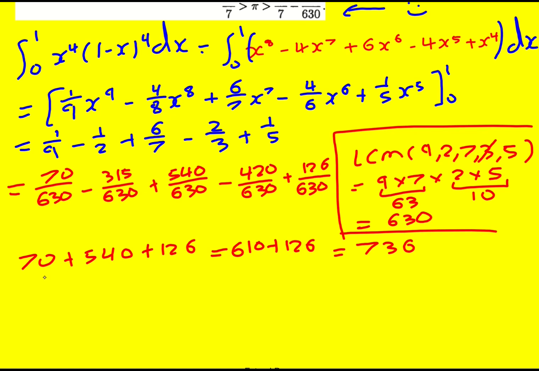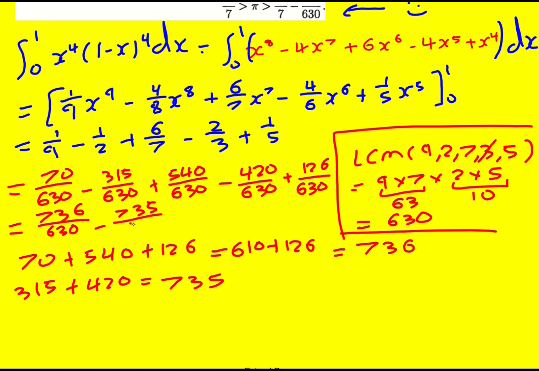And then I'll deal with the minusing ones. So 315 plus 420 is 735. So our final answer is going to be 736 over 630 minus 735 over 630, which is 1 over 630.